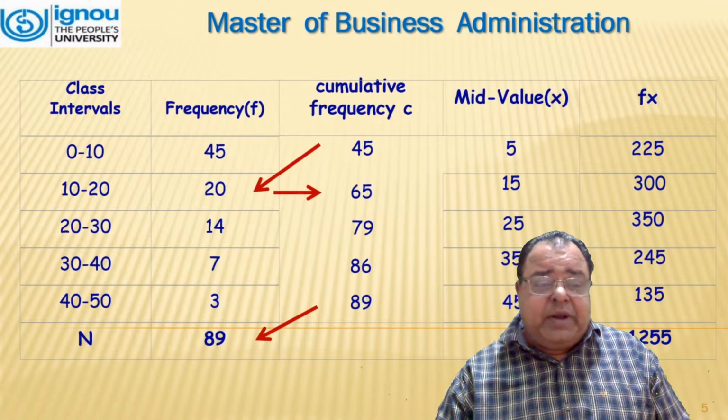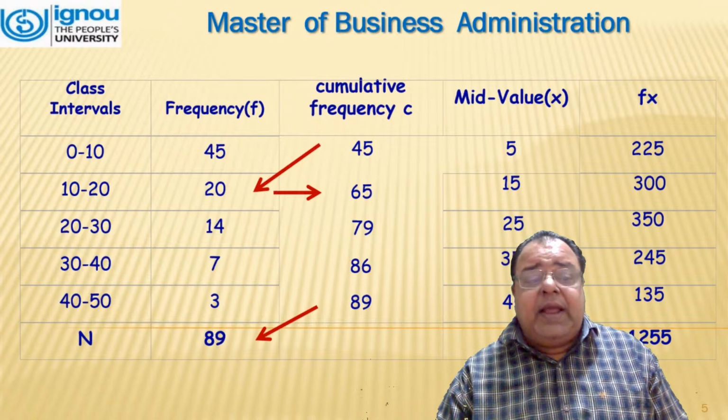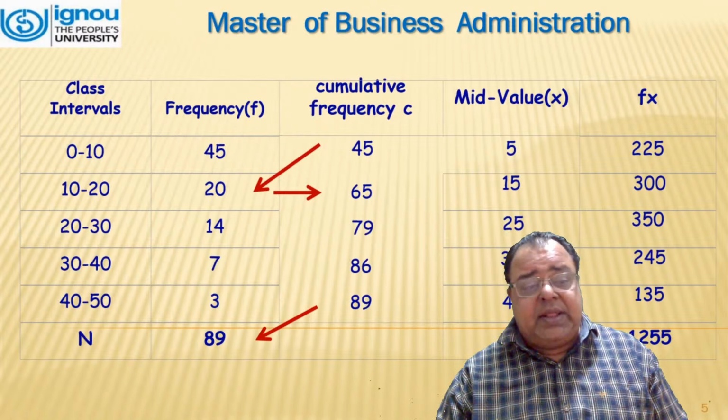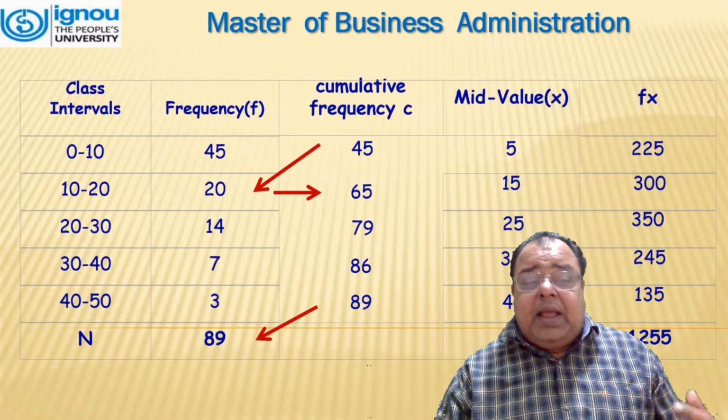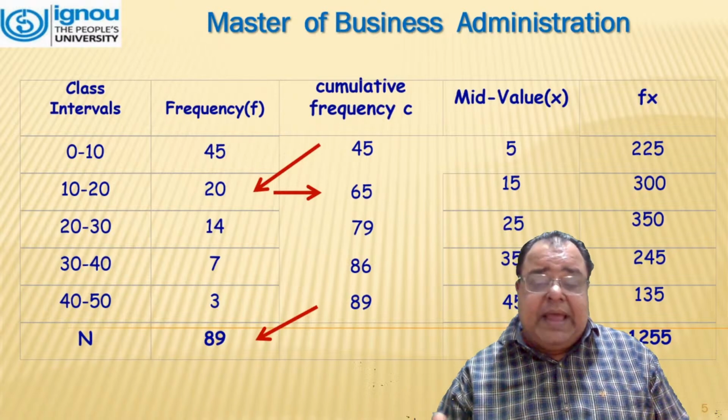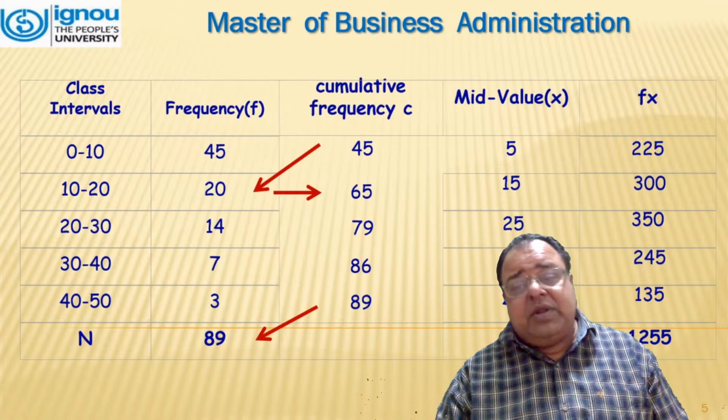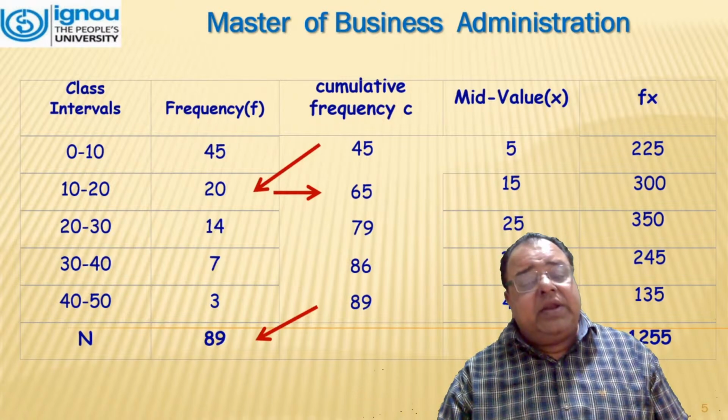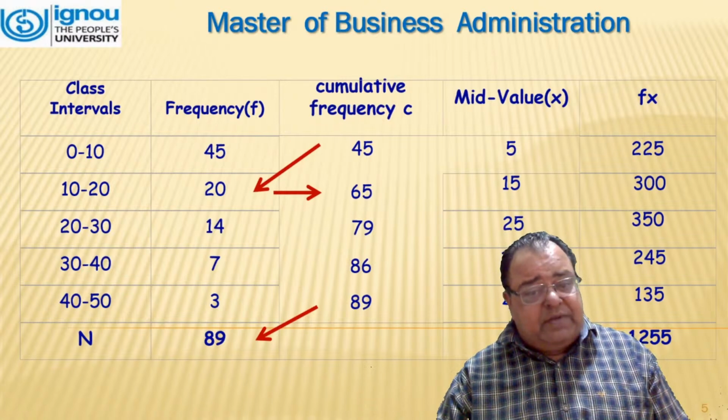As you are aware of, mid value is obtained by adding lower limit and upper limit and dividing them by 2. In this case, this is 0 plus 10 divided by 2. That comes out to be 5. Here, the difference between the upper limit and the lower limit is 10. So we will be adding 10 to all values. Then 5, 15, 25, 35, and 45.